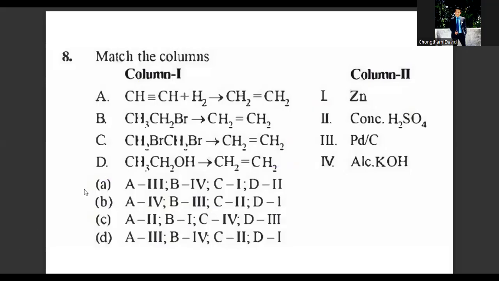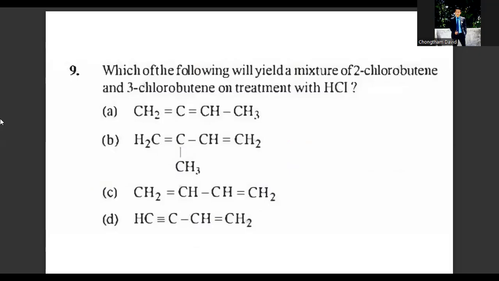Let's read question number 8. Which of the following will yield a mixture of 2-chlorobutane and 3-chlorobutane on treatment with hydrochloric acid? So 2-chlorobutane and 3-chlorobutane.